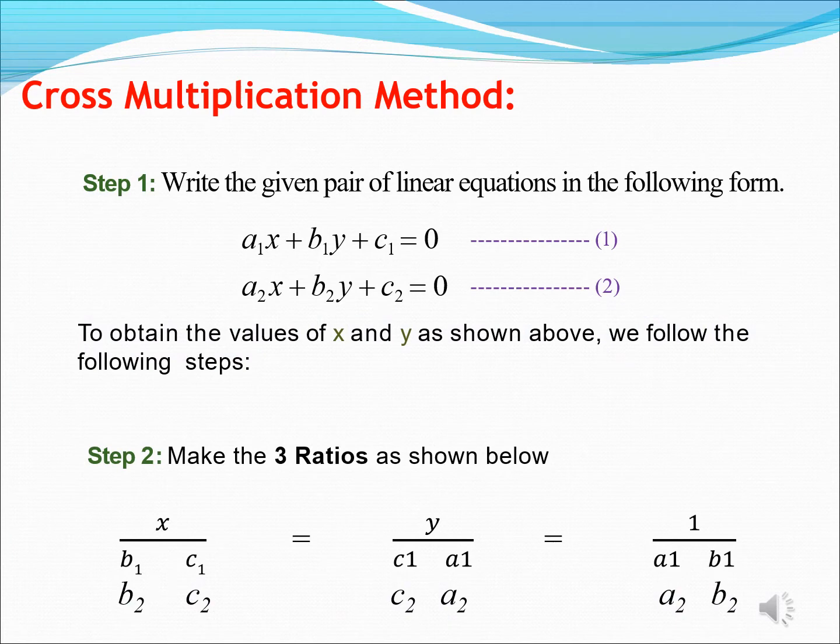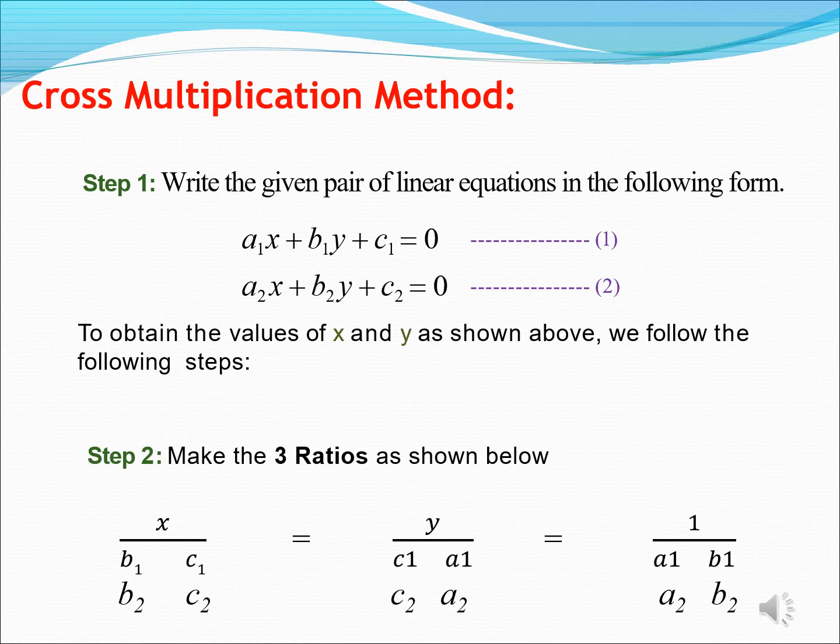To apply this method, we need to follow some simple steps. Let's have step number 1. To start cross multiplication method, it is necessary to write the given pair of linear equations in ax plus by plus c form.